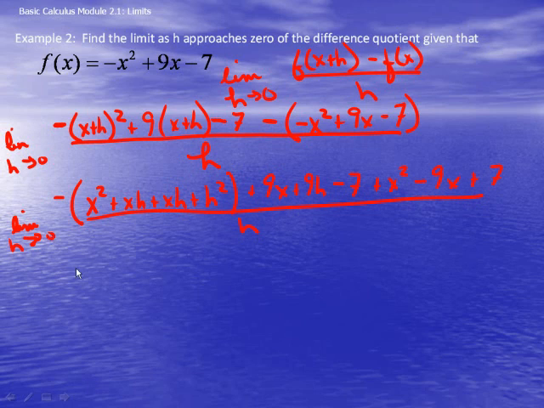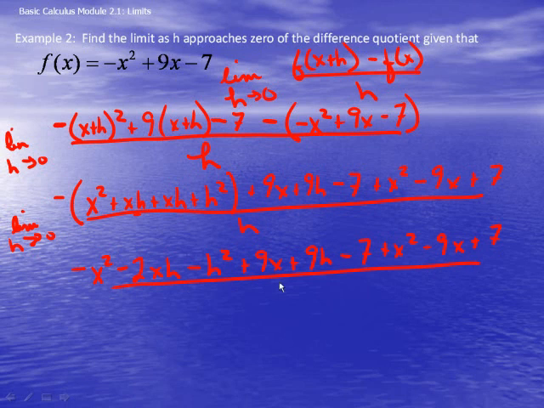Distributive, so that will give me minus x squared. And I'm going to combine these two xh's. That's minus 2xh minus h squared plus the 9x plus 9h minus 7 plus x squared minus the 9x plus the 7 all over h as h approaches 0.